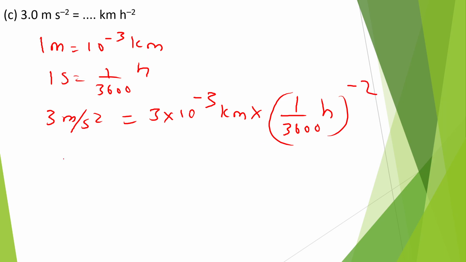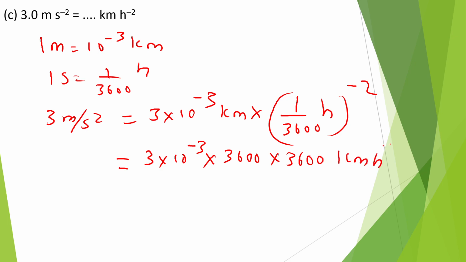Once you do the calculation, you will get 3 into 10 to the power minus 3 multiplied with 3600 into 3600 kilometer hour raised to minus 2.